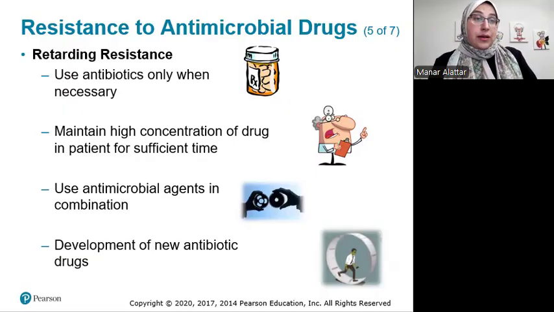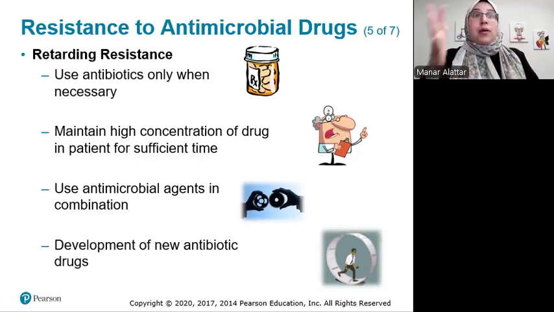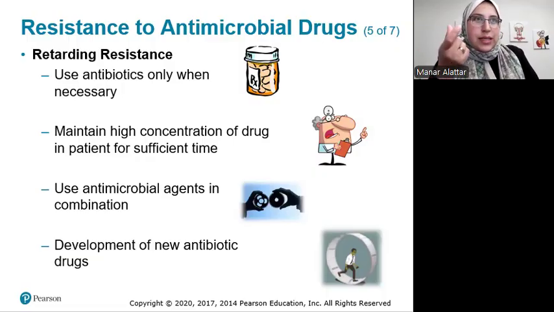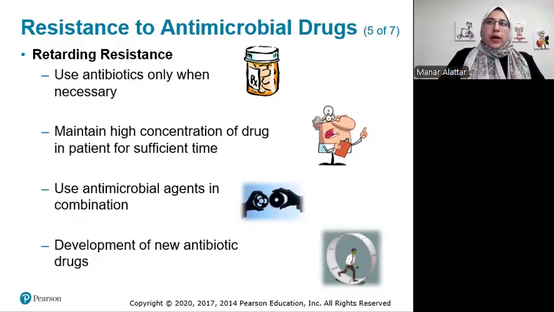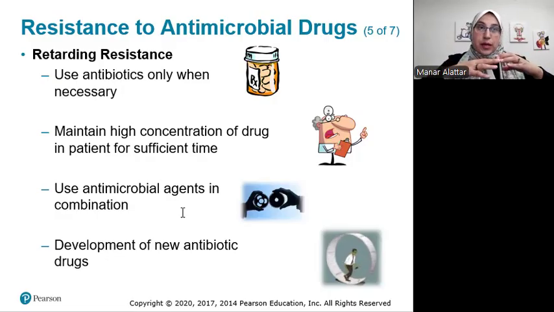Same for bactericidal antimicrobials. You might take your antibiotics for a couple days and that will eliminate a number of the bacteria, but just the ones that are strong enough or have some resistance remain. If you don't take the regimen for the whole allotted period, those ones will then be able to continue to survive and proliferate. Oftentimes there's a combination of antimicrobial agents so that there's broad coverage.